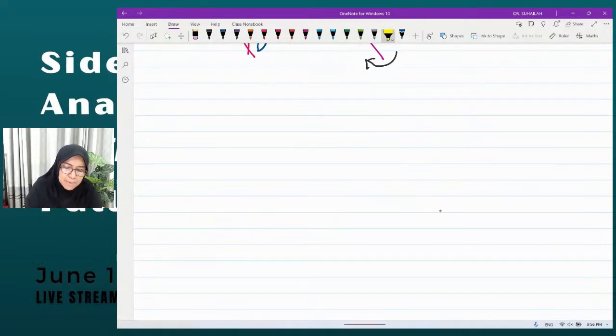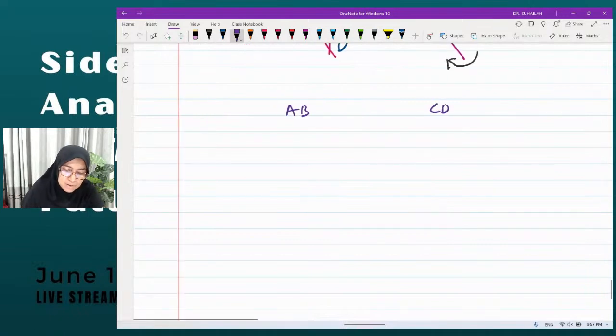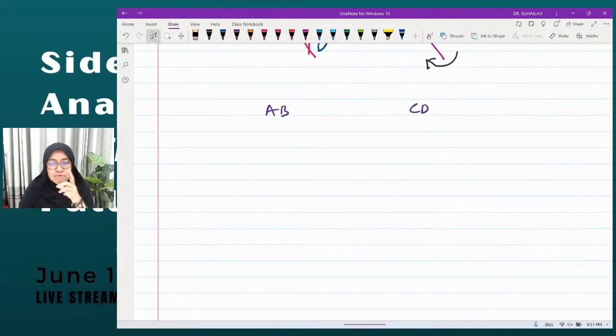So we have member AB and member BC, and CD. The columns are AB and CD. For AB, the first assumption of 100 has been made. It is positive 100.